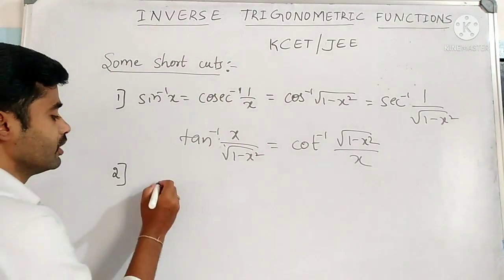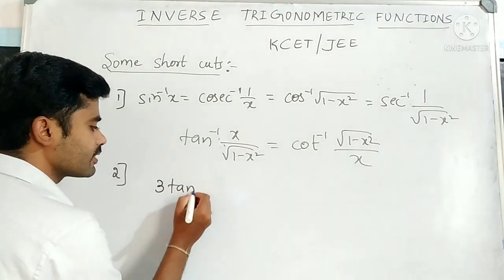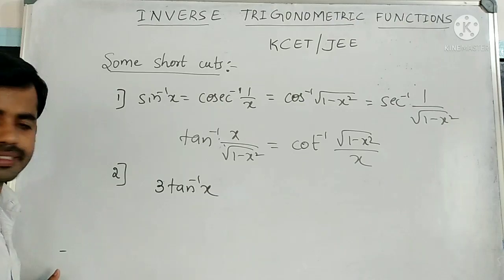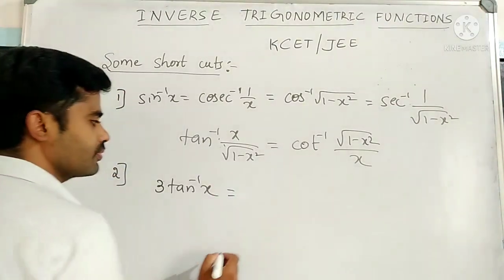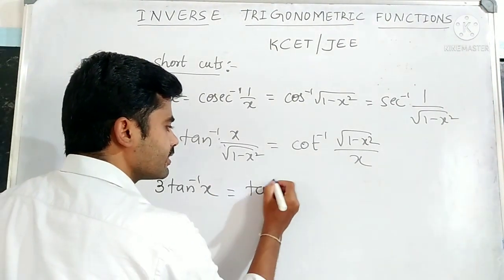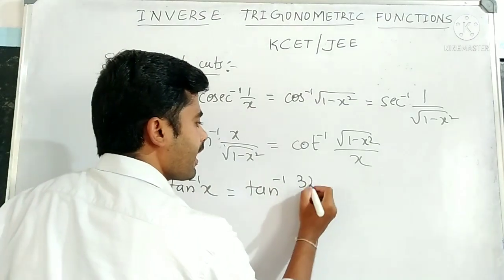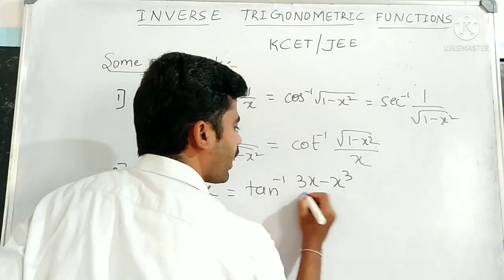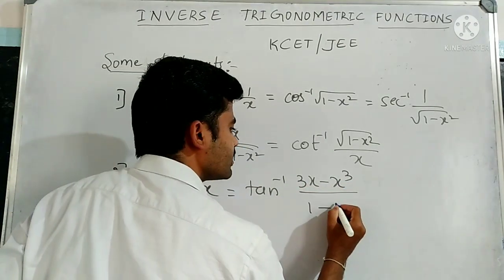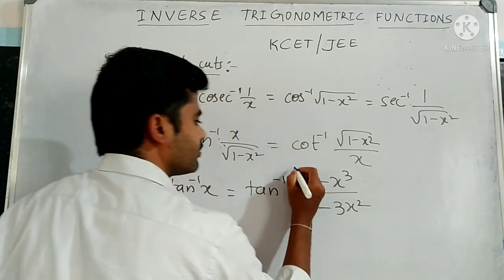already we know that 3 tan inverse x is equal to tan inverse of 3x minus x cube by 1 minus 3x square.